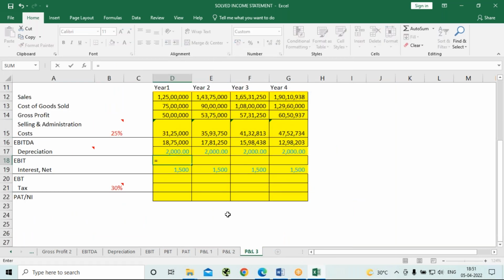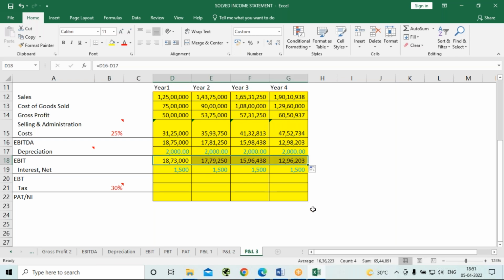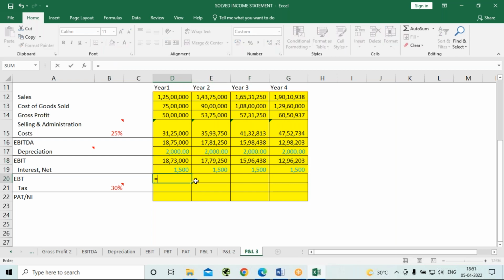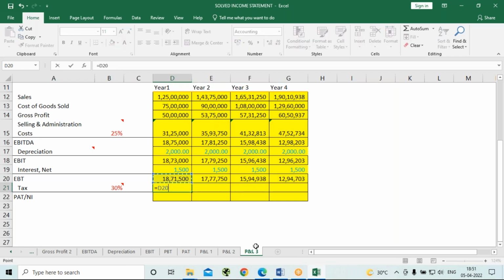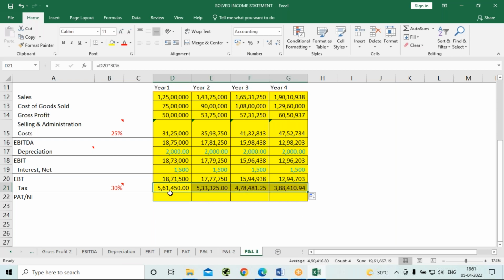Then EBIT is EBITDA minus depreciation of 2 lakh, sorry, 2000. Again drag it. Then the interest amount is less on the EBIT value, drag it. The tax is on these values into 30%. So drag and drop it.